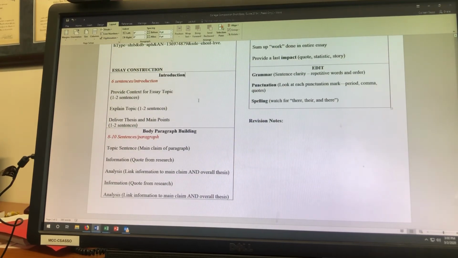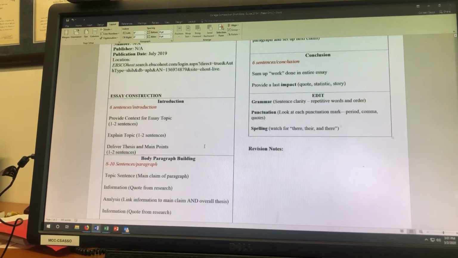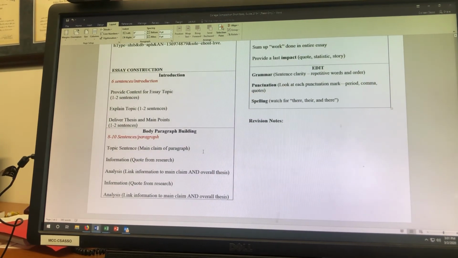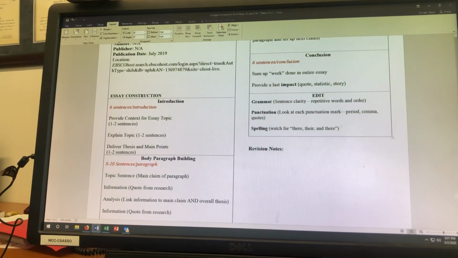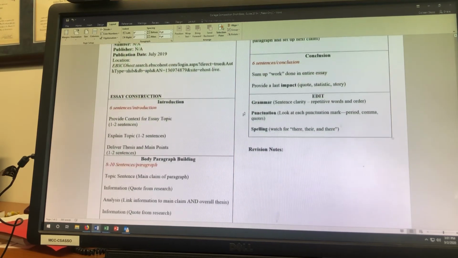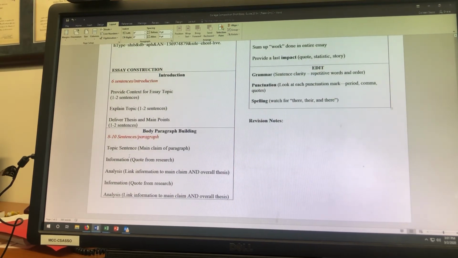And then down here, I have a brief explanation of how to build paragraphs, intro paragraphs, and body paragraphs. So some suggestions about how to set up your introduction and your conclusion, but this is where the meat of your essay is coming in, right? Your body paragraph in an academic research paper is the most important.